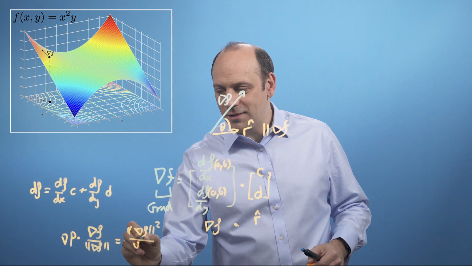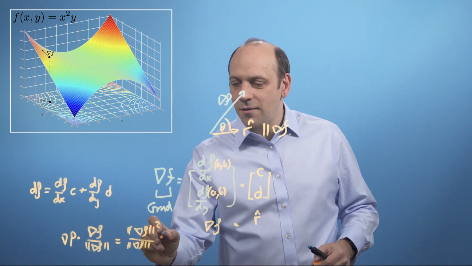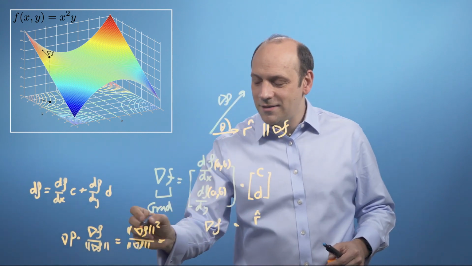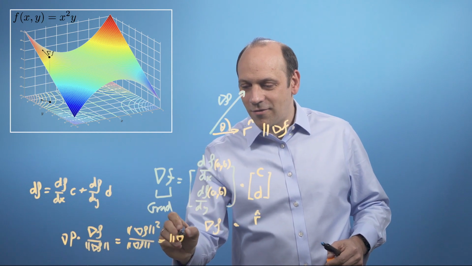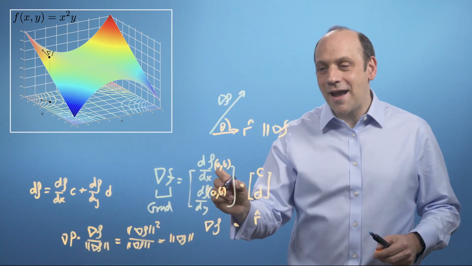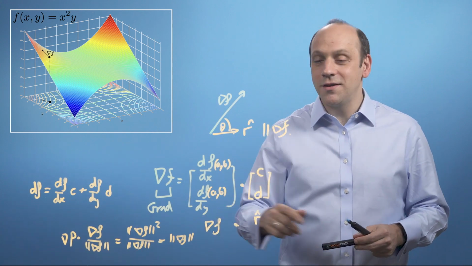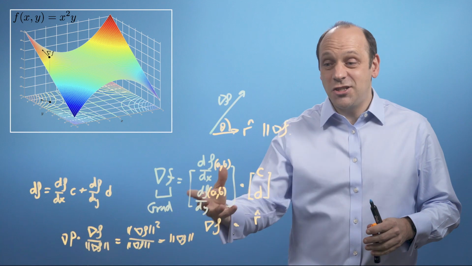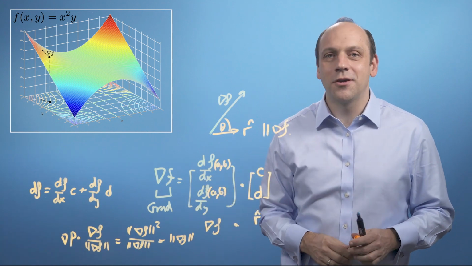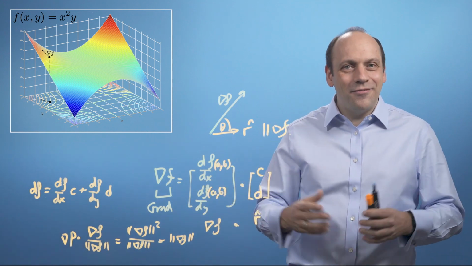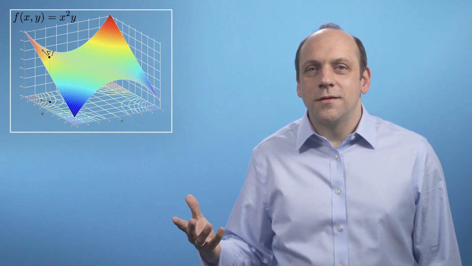Then we divide by the size. So the maximum value the directional gradient can take is just the size of grad f. And that's, therefore, the steepest gradient we can possibly have. The size of the steepest gradient is just the size of grad f, the square root of the sum of the squares of the components of grad. So that's really fun. The other question to ask is, which way does grad point?